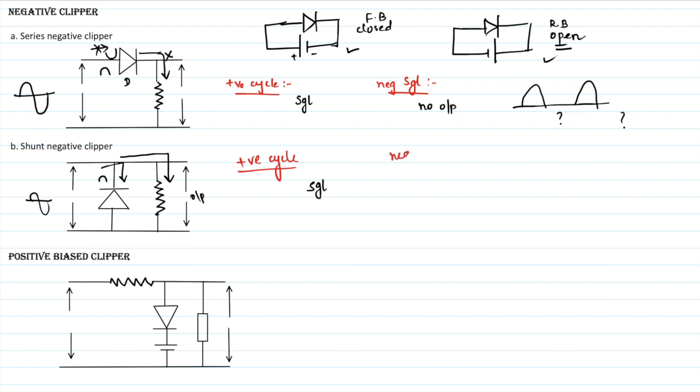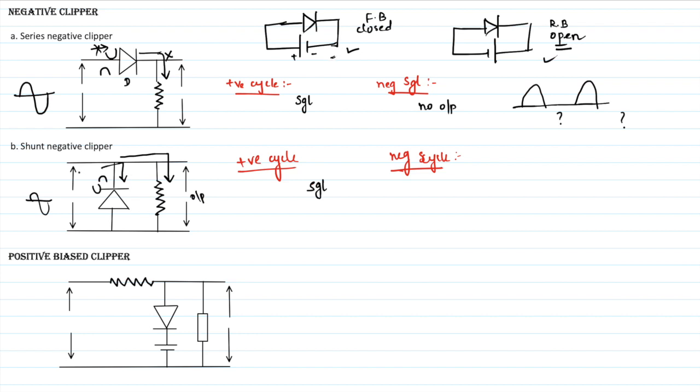For negative cycle, let's see, when you provide a negative signal, negative to cathode is this condition, first condition, so diode is closed.